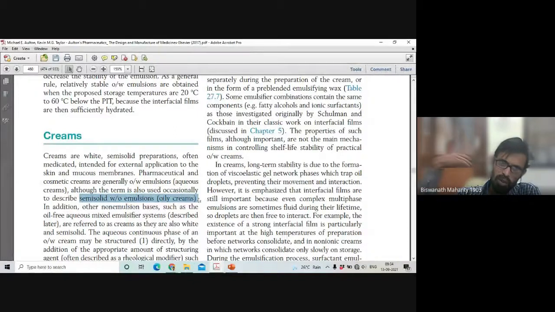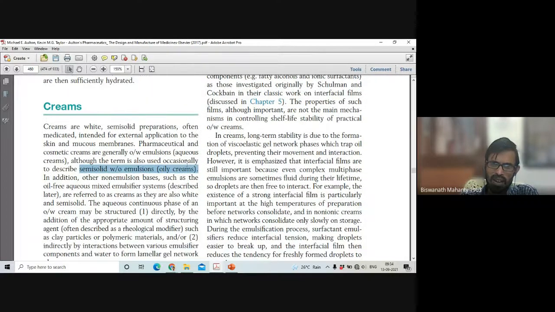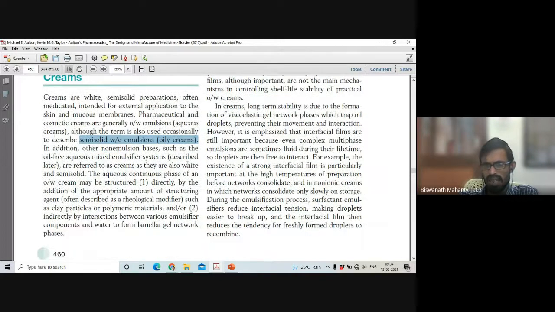But we can also have an oil-free aqueous one, or the opposite, an oil-in-water thickened semi-solid emulsion, which can also be used as a cream. So cream and emulsion are not so distinct. They are mostly similar, but the viscosity is moderately increased. They also need some emulsifier.